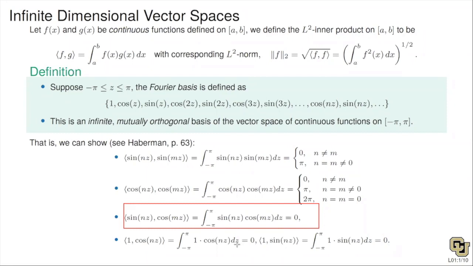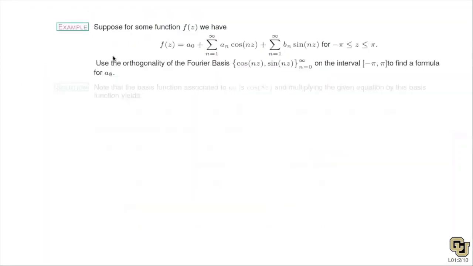For cosine, the integral is 0 between minus pi and pi, because again, you have this nice symmetry where things cancel out. And for sine as well. So those are all Calc 1 integrals that you can do in multiple ways, and you'll work on those in the homework. Let me show you an actual example now as to how orthogonality helps us.